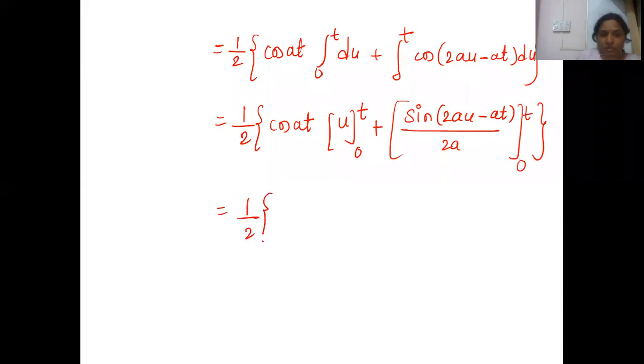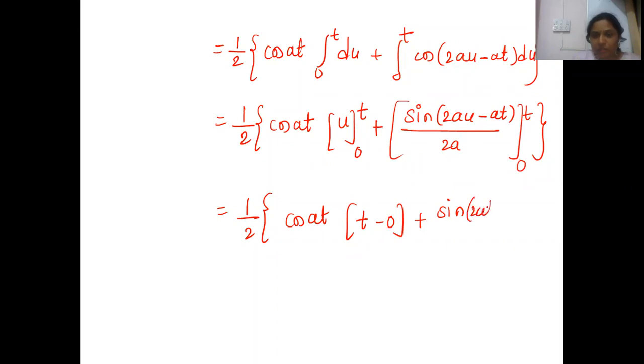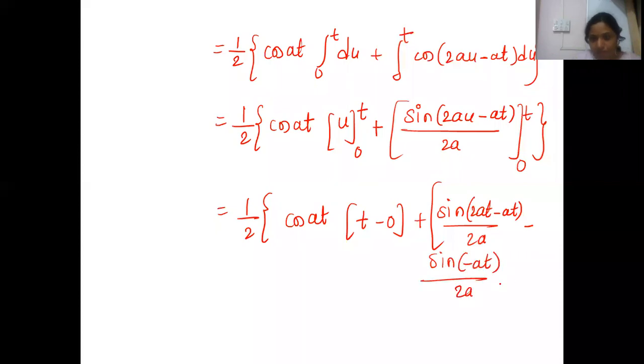It is like cos AT, upper limit t minus lower limit 0, plus here the upper limit is t, so it is sine(2AT minus AT) upon 2a, minus the lower limit, where you are writing u as 0. So this is 0 sine minus AT upon 2a.